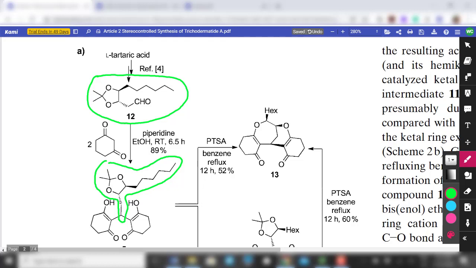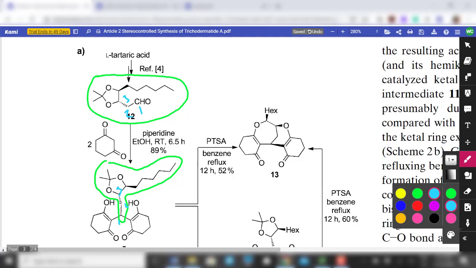So the aldehyde no longer exists. If you want to look at it in a clearer fashion, let me just number the aldehyde. So this is carbon 1, and this is 2, and this is 3. I think this will make it clearer. You realize that the bulk of the structure remains intact, only the aldehyde has been changed.